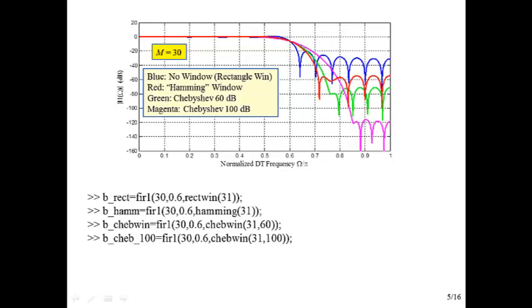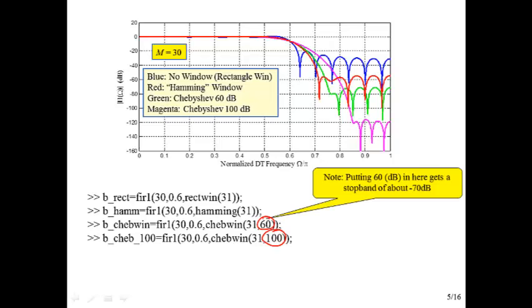And a very popular one is ChebWin. That's a Chebyshev window, and it has an alternate parameter that allows you to try to specify the amount of attenuation in your stop band. So I put in 60 dB to try to achieve a stop band attenuation of 60.